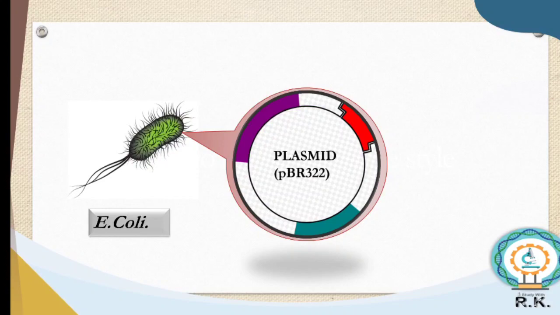The plasmid also contains genes that give the bacteria special advantages, and one of these advantages is antibiotic resistance. This plasmid in particular is a pBR322 plasmid and has an ampicillin resistance gene and a tetracycline resistance gene.